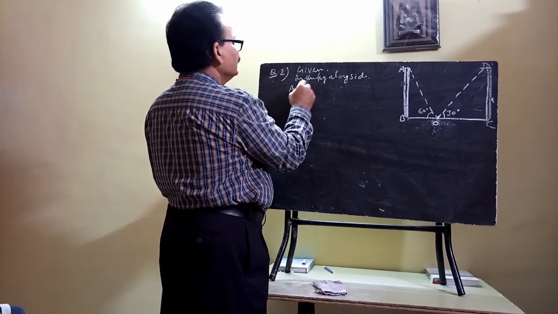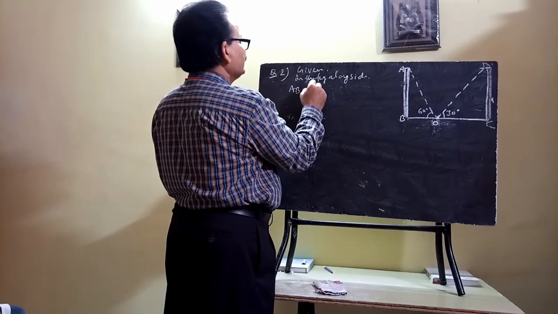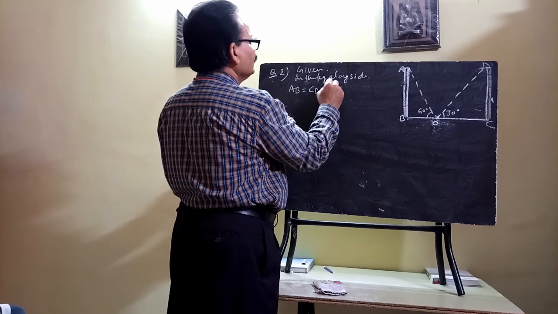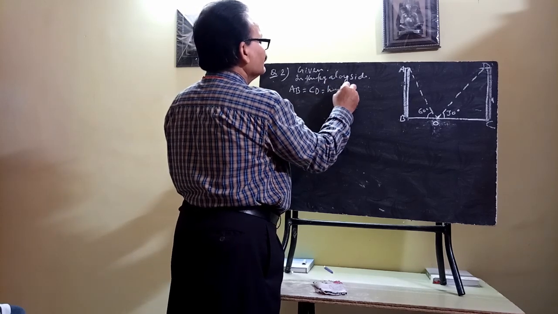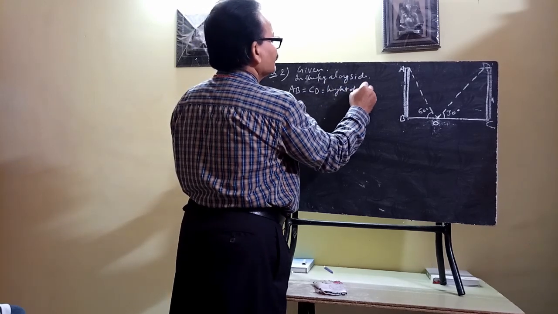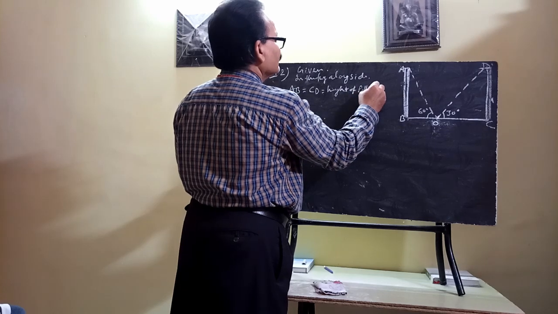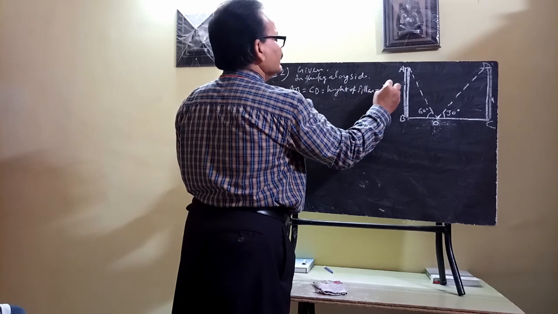AB equal to CD equal to height of pillar. Say this is your H meter.